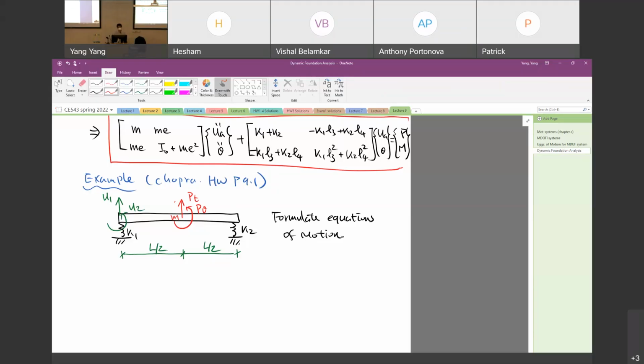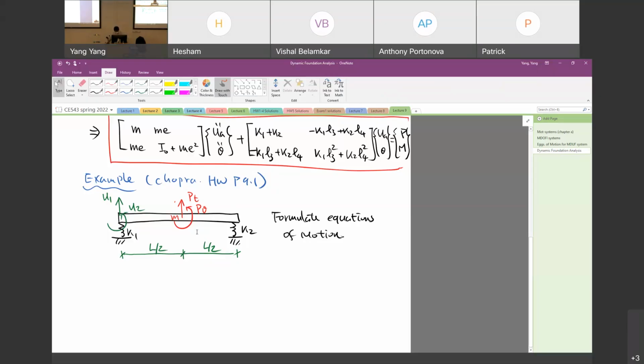Since it's a rigid bar, any rigid bar in 2D space has only 2 degrees of freedom. So we only need to consider 2 degrees of freedom, either the rotation and the translation on the left end, the right end, or in the middle. This problem requires us to formulate the equations of motion based on the translation and the rotation on the left end.